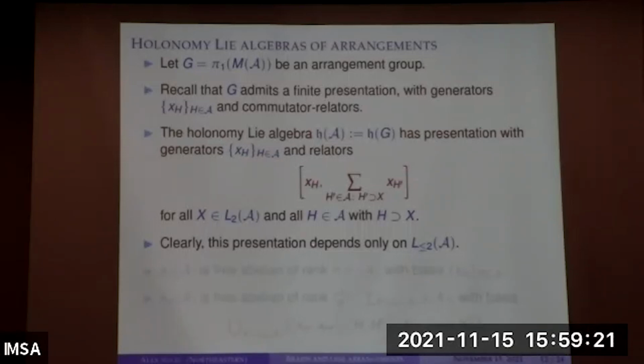So how many of them are there? Well, for every rank 2 flat, meaning you look at the multiple points and lines. So you look at the multiple points X, and for each of those, you look at the lines going through the multiple point. And for each such pair, you get a relation.